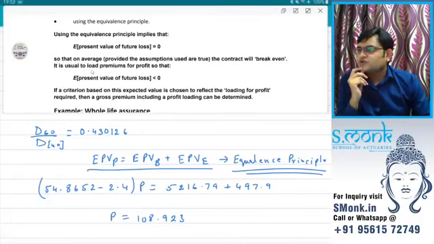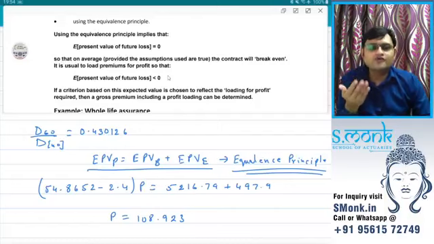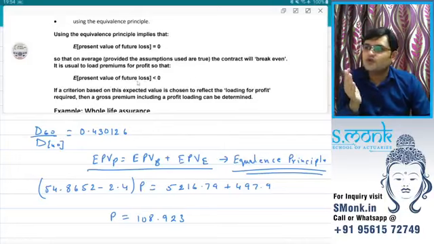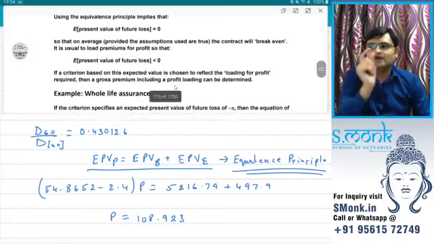It is usual to load premiums for profit so that the expected present value of future losses is less than 0. So if you want to make profit, you can say the expected present value of profit is greater than 0, or the expected present value of loss is less than 0. So you can add a little bit of profit.